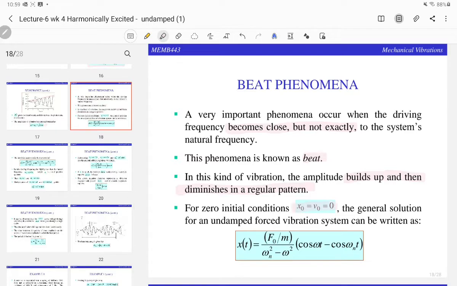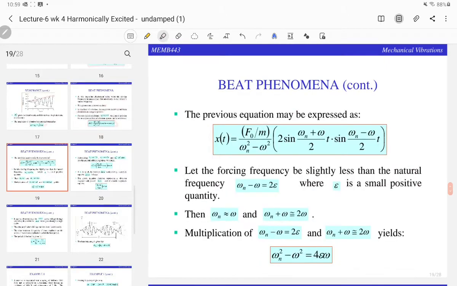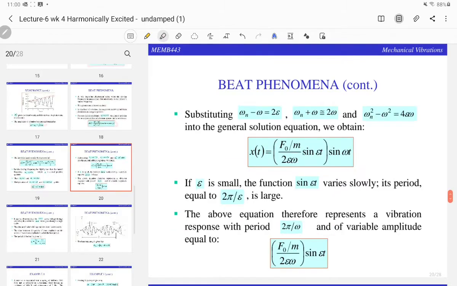So beat phenomena, as you can see, has a slightly different response given by this equation. And you can also find at what frequency it occurs because of this relationship. If you substitute, then you have the general solution as given.